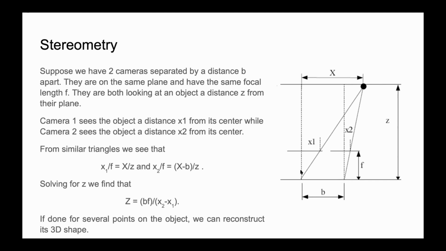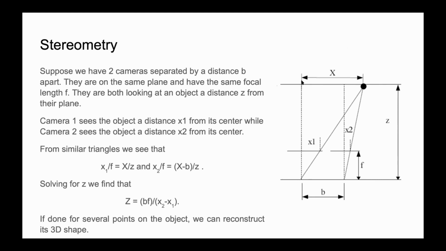Therefore, sasabihin natin, look, this ratio of x1 over f, parang tangent, ano, is the same as this capital X over z. Okay? And the same way, this ratio x2 over f will produce the same ratio as this distance over z. And what is this distance?